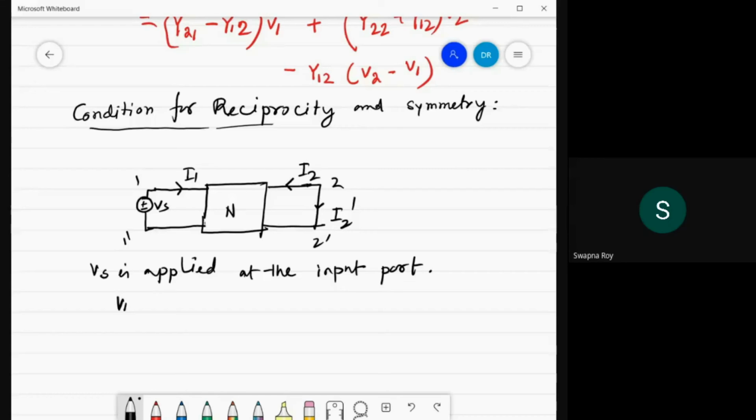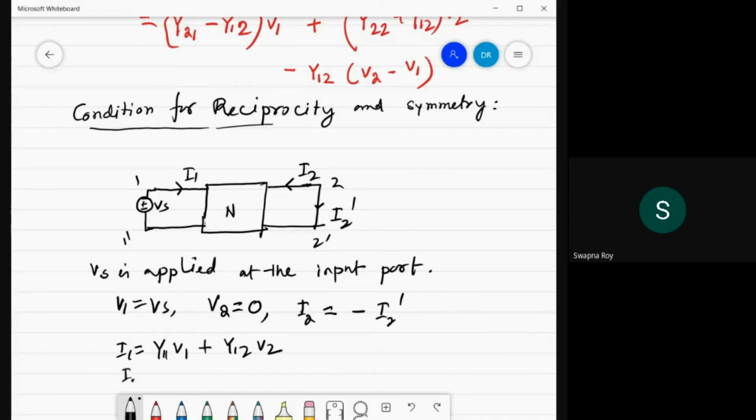So V1 is equal to Vs, and as the output port is shorted, so V2 will be 0 and I2 is equal to minus I2 dash. So the equations, what was the equations? I1 is equal to Y11 V1 plus Y12 V2, and I2 was Y21 V1 plus Y22 V2. It was the governing equations.